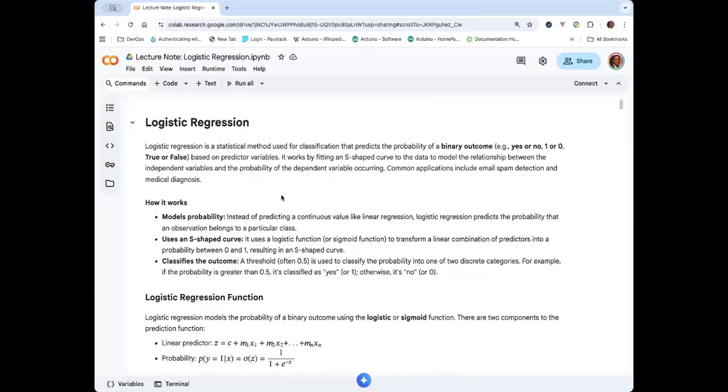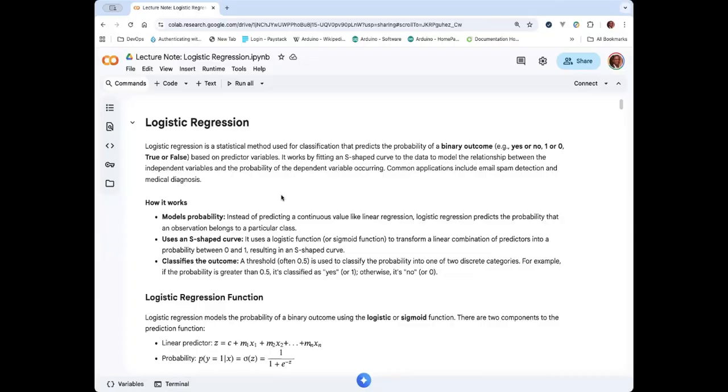Basically, it is trying to predict the probability that, given the inputs, the independent values of X, right? The probability that the outcome is going to be either of the two possible values, right? So it's going to give you a probability function.